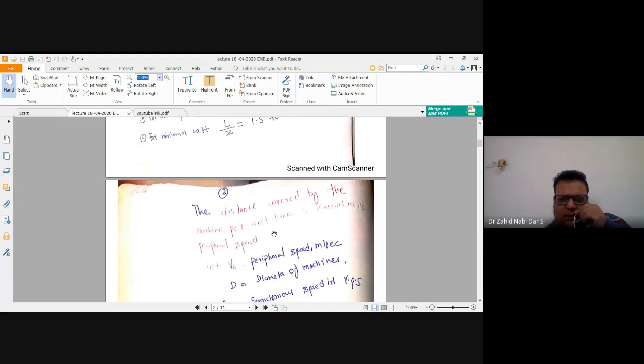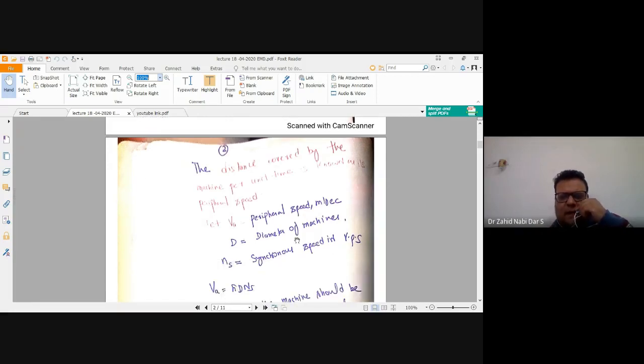Now there is also some velocity, because the machine is moving with some velocity. The distance covered by the machine per unit time is known as the peripheral speed, or the velocity of the machine. In your machines lab, when you switch on the induction motor, the shaft starts to rotate and it has some RPM, some velocity. That velocity depends upon the diameter of the machine and the synchronous speed in rotation per second.